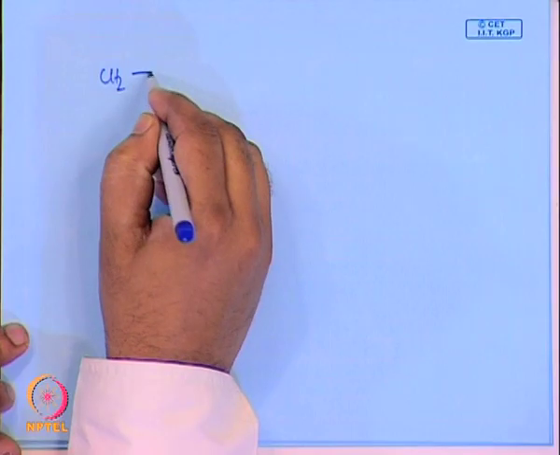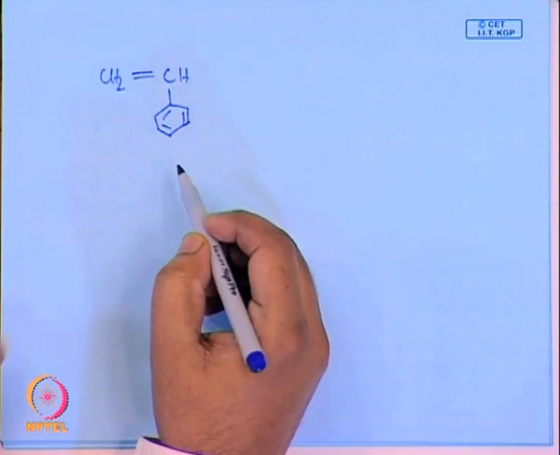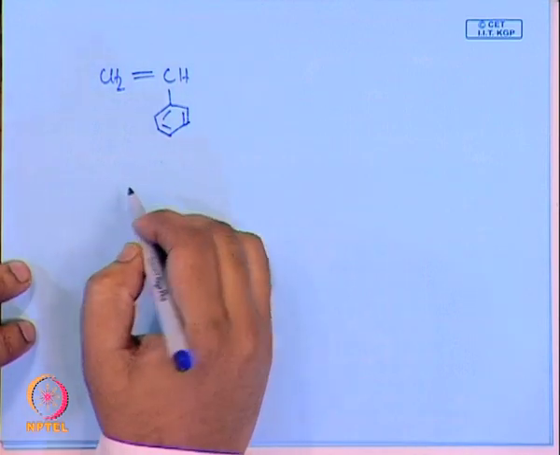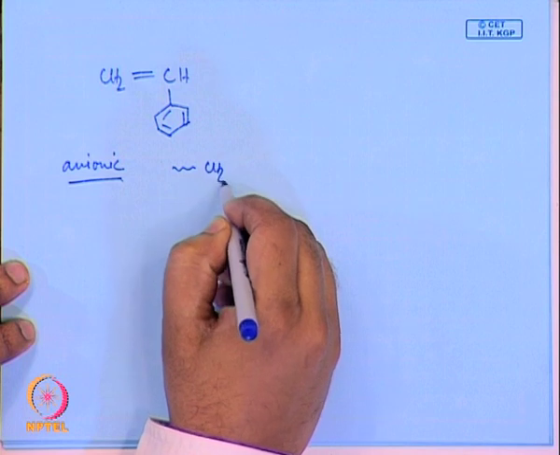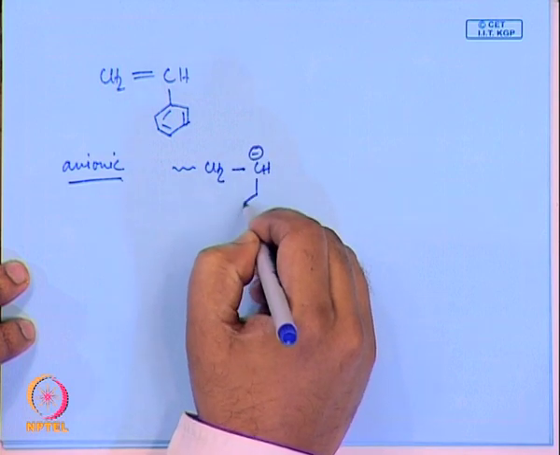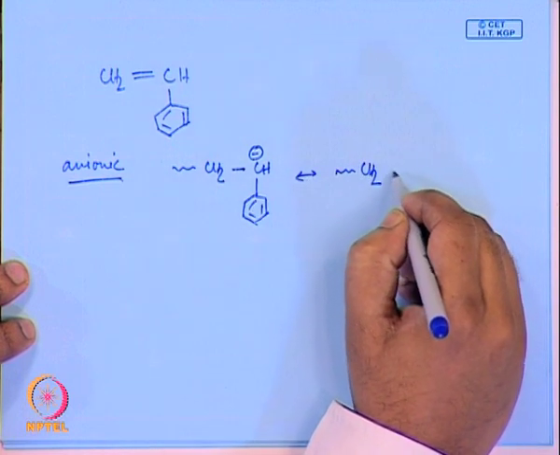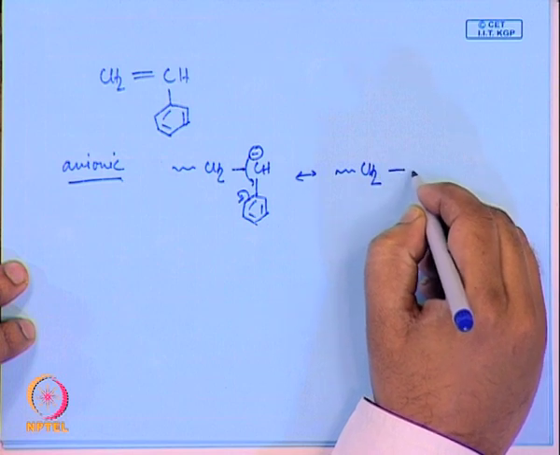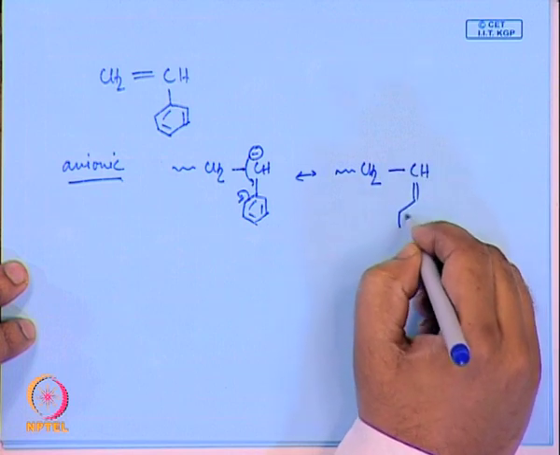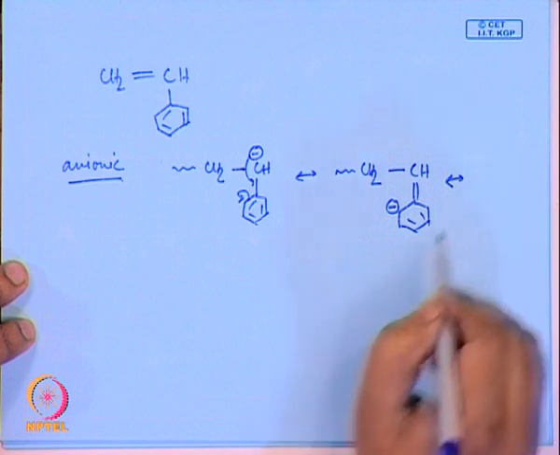Now, if you have a monomer like this, styrene, if you have a monomer like styrene, then what happens if you have an anionic case? You have other resonating structures.